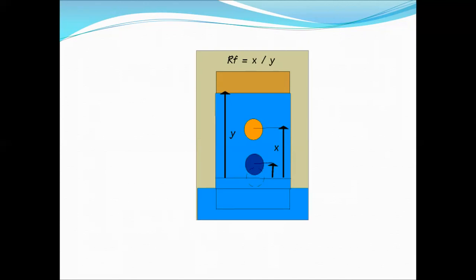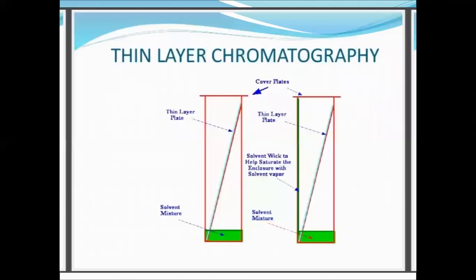So Rf is equal to the distance moved by the component divided by the distance moved by the mobile phase. After you have prepared the plates and kept them in the chamber, we locate the spots using locating agents.